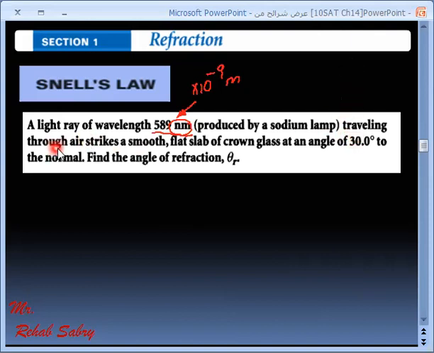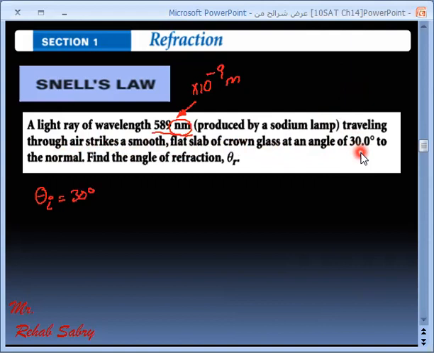Traveling through air, it strikes a smooth slab of crown glass, which is a kind of glass, at an angle of 30 degrees. So this is the first angle, so theta I is 30 degrees to the normal.